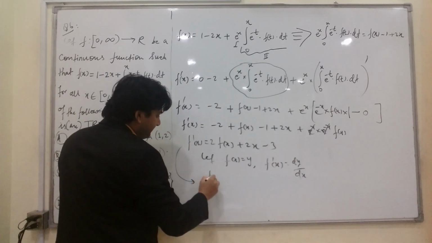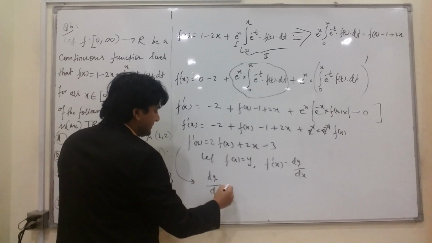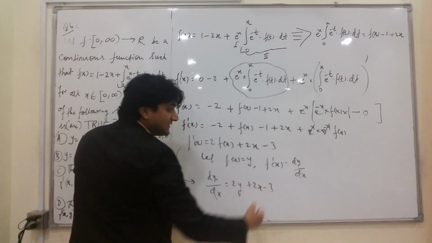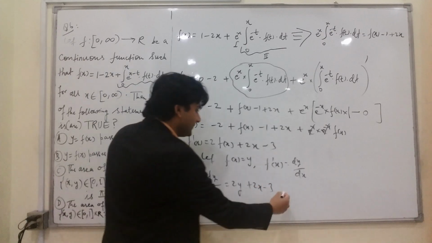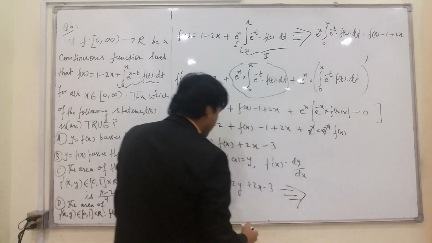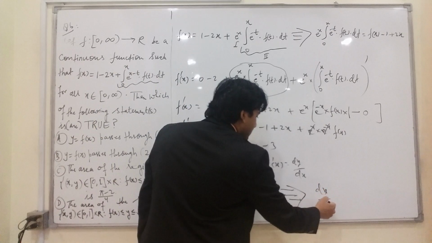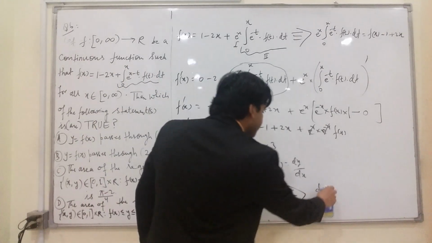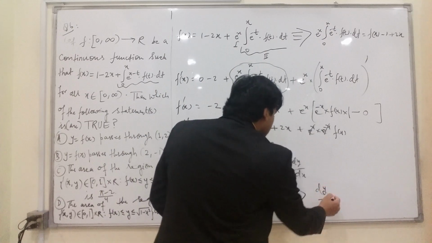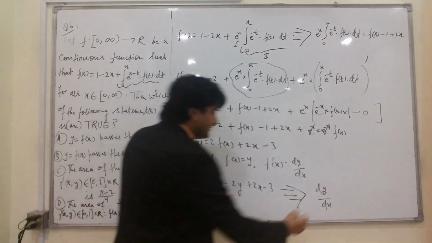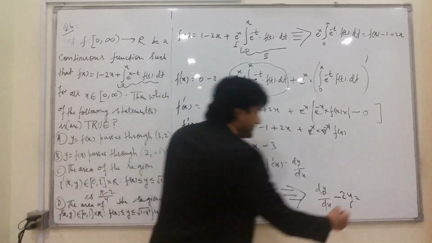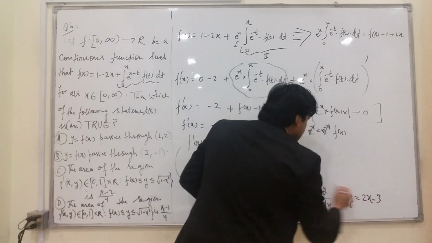This would be dy by dx equals 2y plus 2x minus 3, okay? And you can also write dy by dx minus 2y equals 2x minus 3.